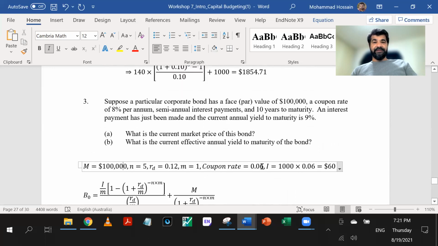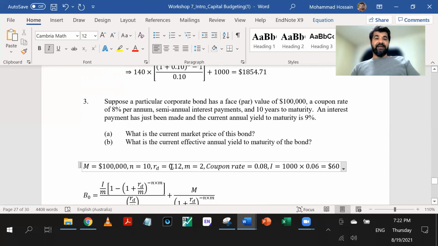Coupon rate is 8%. Semi-annual, so m equal to 2 here. And 10 years, N equal to 10. What else?